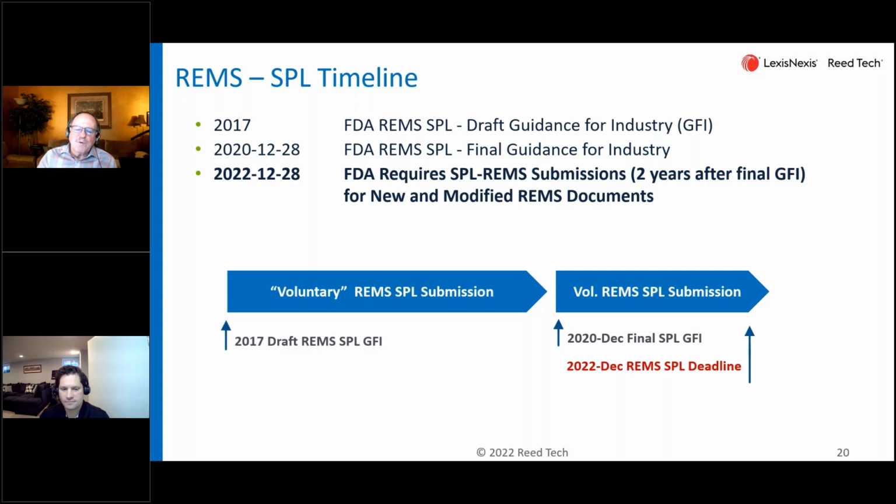But any new and modified REMS would now need to use SPL as of the end of this year. So we're sitting down here in the bottom right, the start of that second phase, where it's now voluntary, this 2-year window is running, and now we're 8-9 months away from that particular deadline.